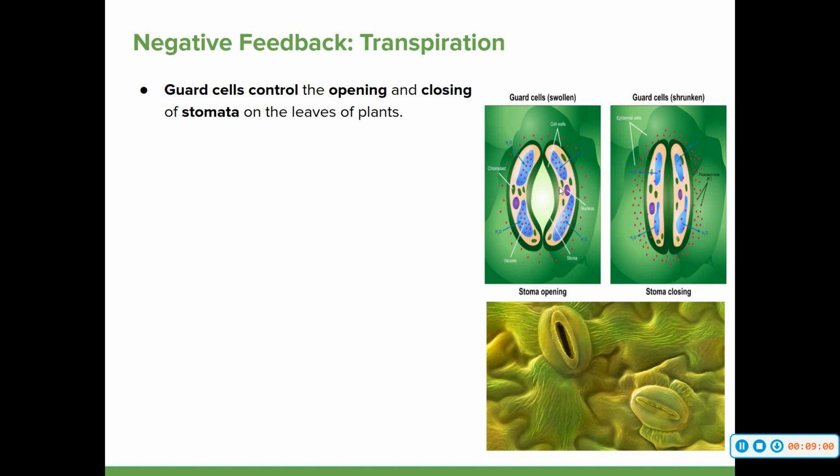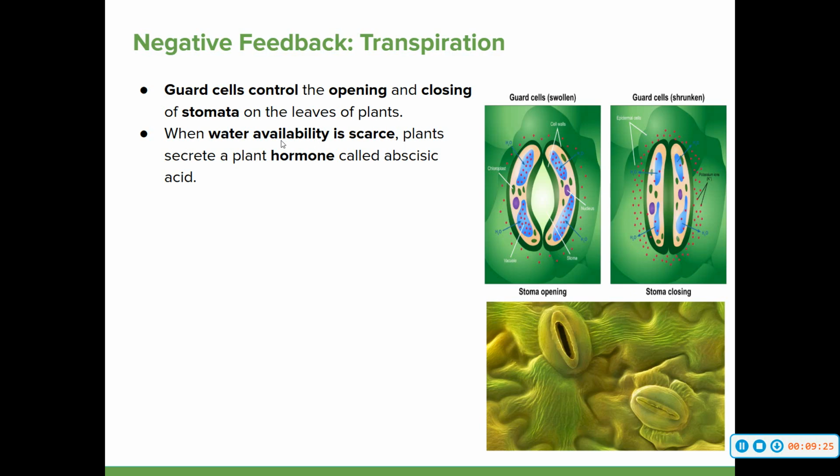Now the stomata are surrounded by guard cells, and those guard cells open and close the stomata. If the guard cells have vacuoles that are filled up with water, then the stomata are open. But if the vacuoles have lost water to the environment through osmosis, then they're going to close up.